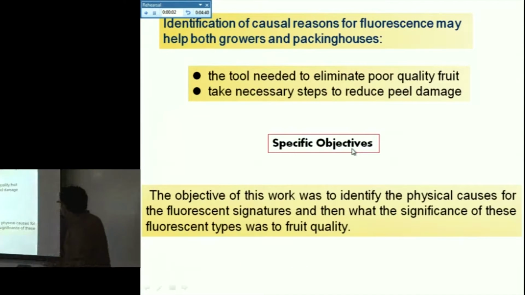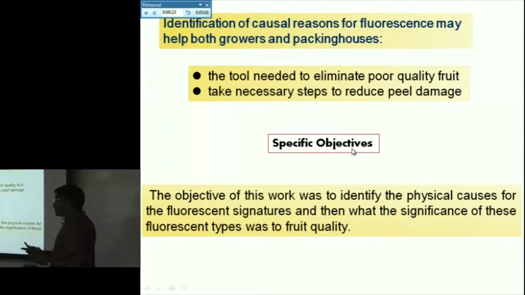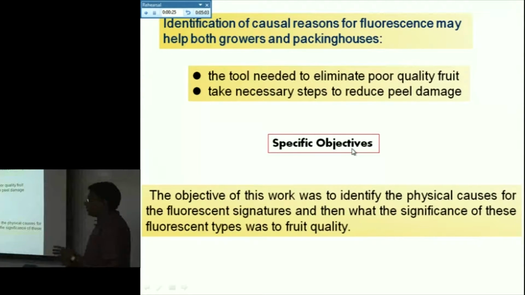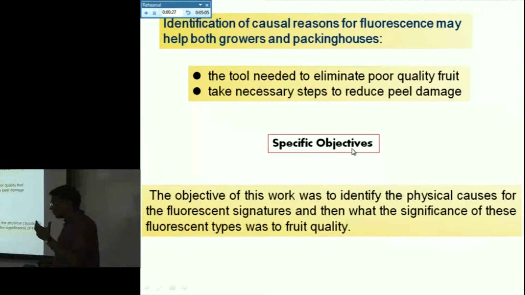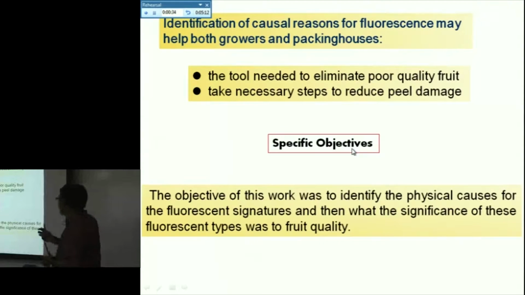In addition, identifying the causal regions for fluorescence may help both growers and packing house operators. With the tool needed to eliminate poor quality fruit, they can set criteria for out-of-standard fruits, take necessary steps to reduce peel damage, and get some idea of how to manage the fruit to keep blemishes on the peel at the lowest possible level.